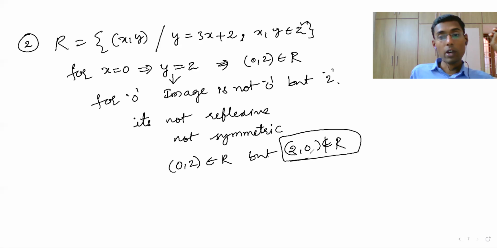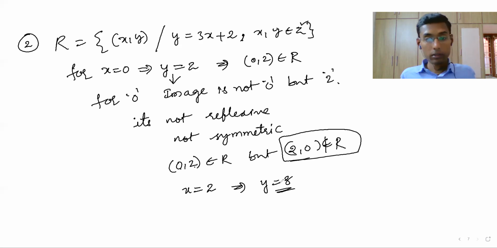It does not belong to R. Why? 0 comma 2 is there because for 0, 2 is the image. 2 comma 0 is not there because for 2, 0 is not the image. For 2, the image is 8. Like that. You understand?